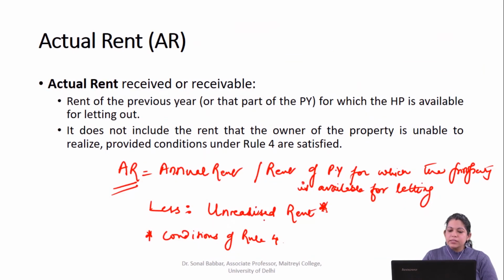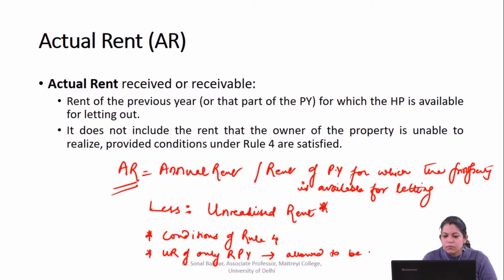Here, when we are subtracting the unrealized rent, the conditions of Rule 4 must be satisfied, and also the unrealized rent of only the relevant previous year will be allowed to be subtracted. That is, the unrealized rent of earlier previous years will not be allowed to be subtracted here.